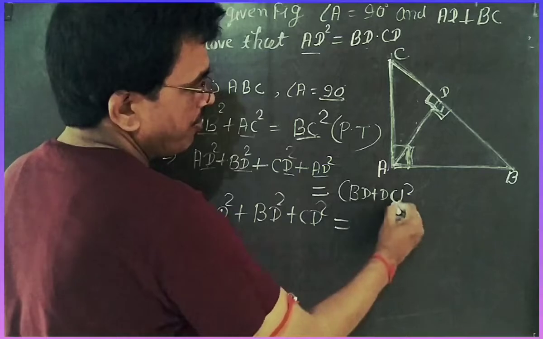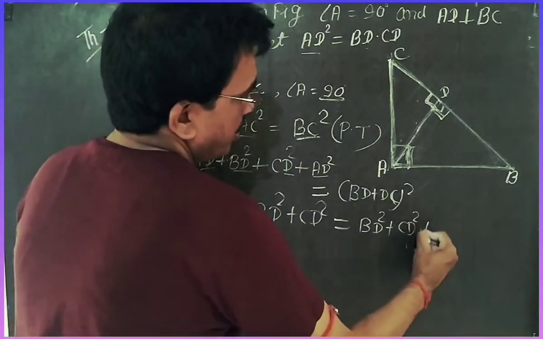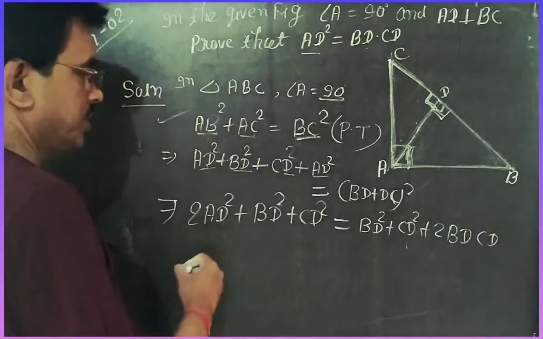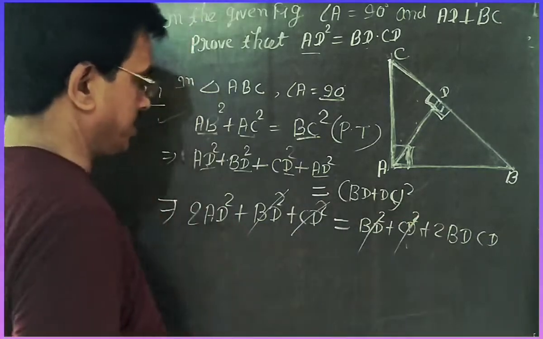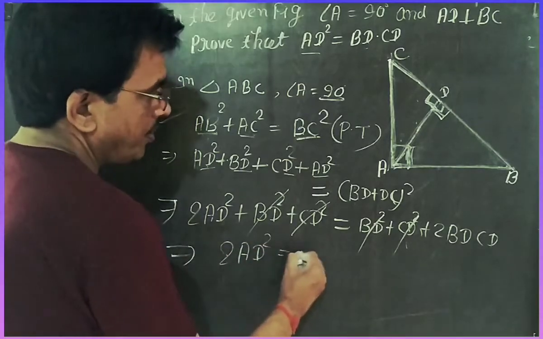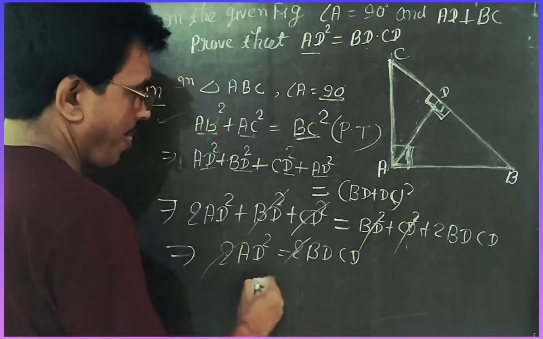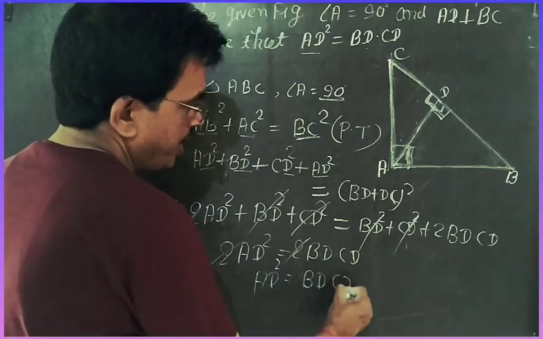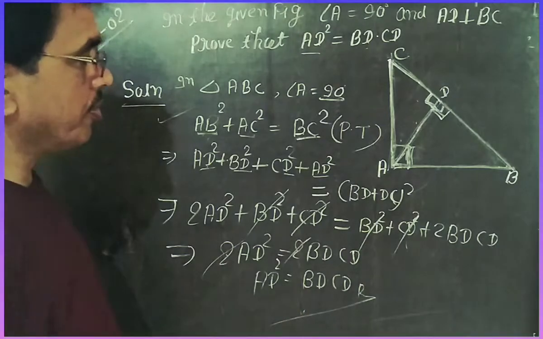The whole square of A plus B is A square plus B square plus 2A into B. So BD square cancels, CD square cancels. So you have 2AD square equal to 2BD into CD. Hence AD square is equal to BD into CD. This is the solution that AD square is equal to BD into CD.